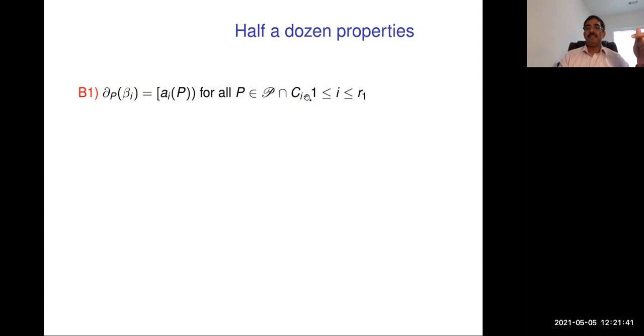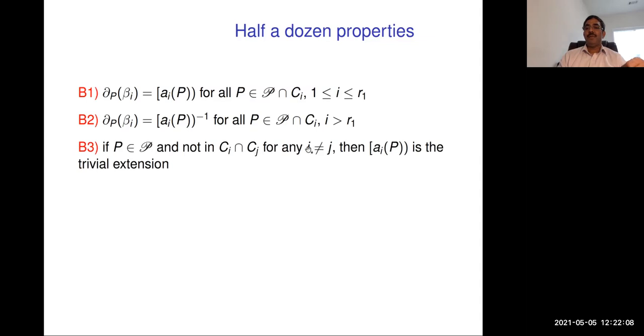If P is in Ci, that gives a discrete valuation, so it has a residue. Again, the residue field could be of characteristic L, so that's why I wrote the square bracket. So this is either an Artin-Schreier extension, and if the residue field is not of characteristic L, then this is the usual Kummer extension. And this is for the first Ci's, where 1 ≤ i ≤ R. For the remaining Ci's, it's the inverse because we want some balance.